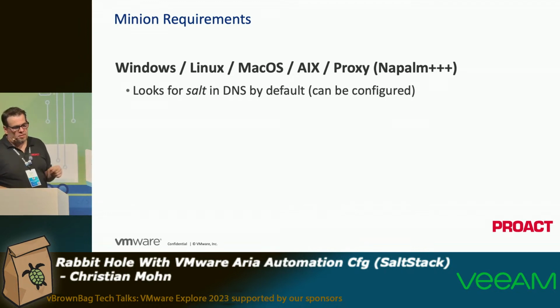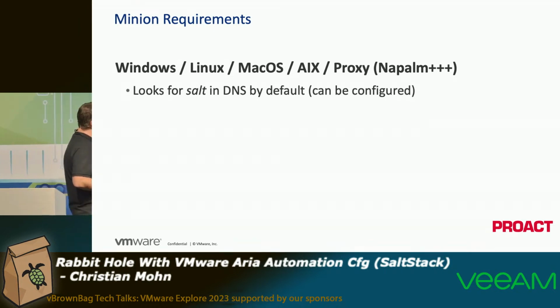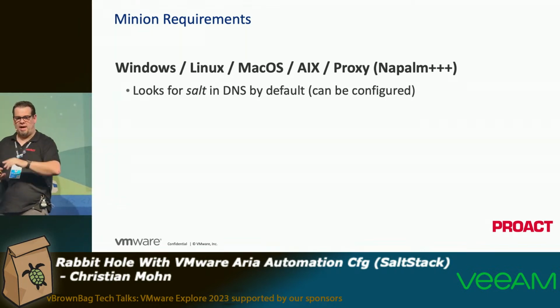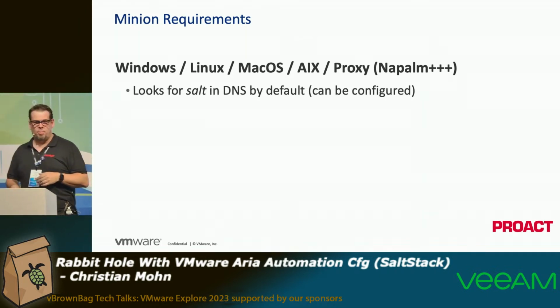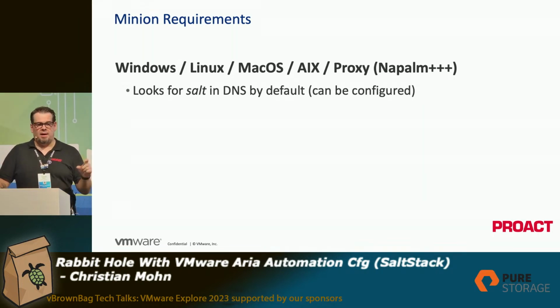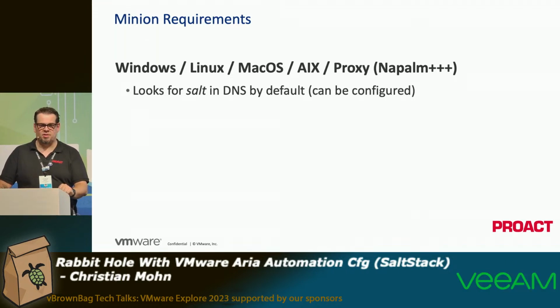But the second thing is, by default, it looks for Salt.whatever your domain name is locally. So if you go home now and create a DNS entry for Salt and start monitoring that, you'll figure out all of your appliances or whatever that has the Salt minion installed, because that's where the default goes looking for it.